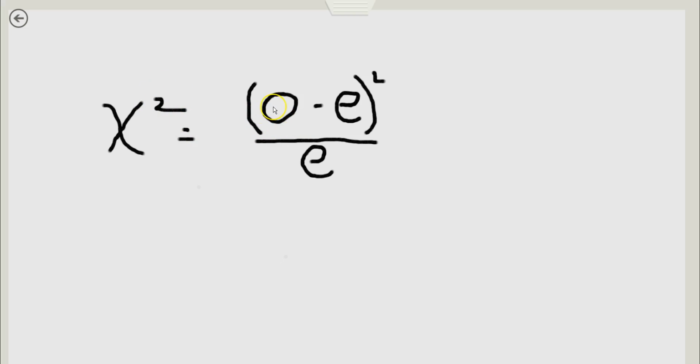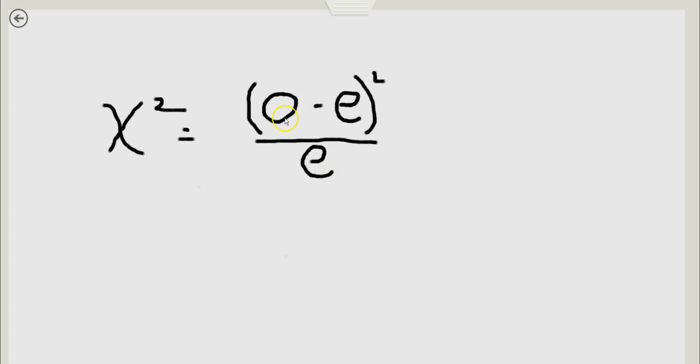Now, this is the observed value in a particular cell, like the number of moms with myopia, and the expected number of moms with myopia, over the variance. This is for each cell, the variance in that cell.